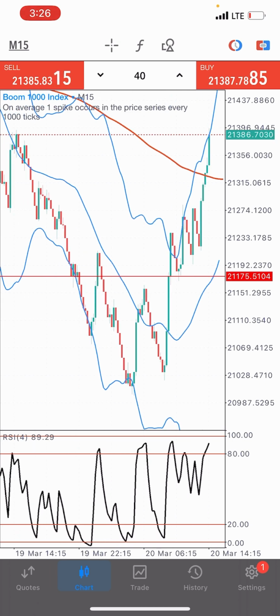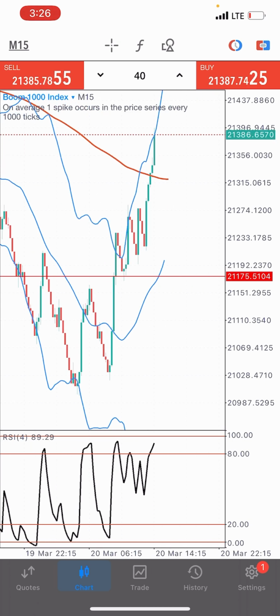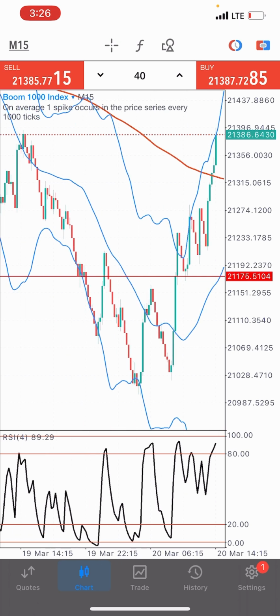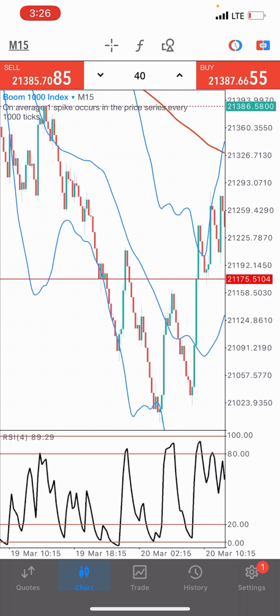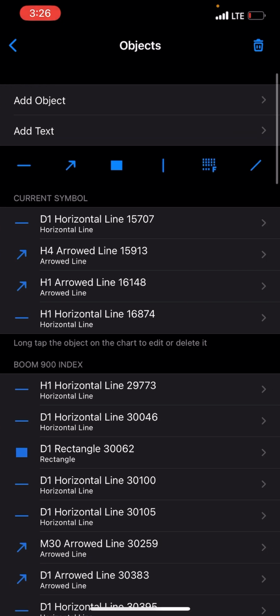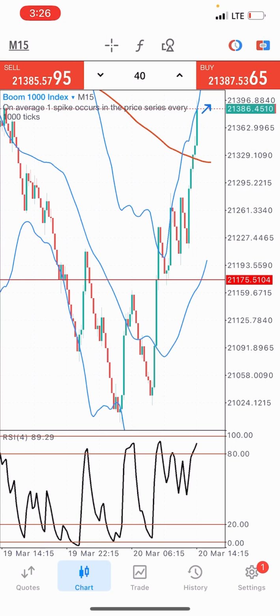Now take a look at this. I told you guys, when you see markets touching this level, we are about to do the back testing. Market touching this down Bollinger Band.